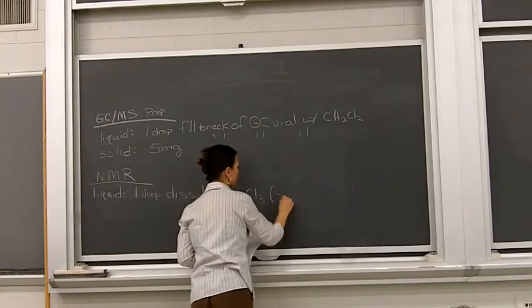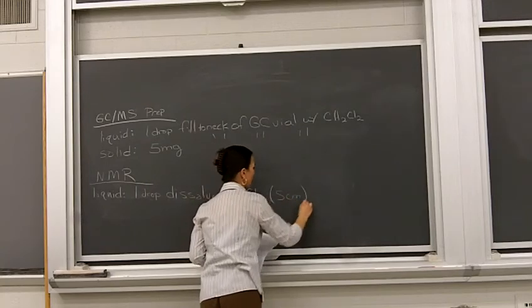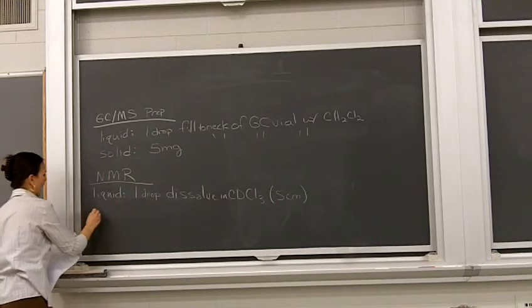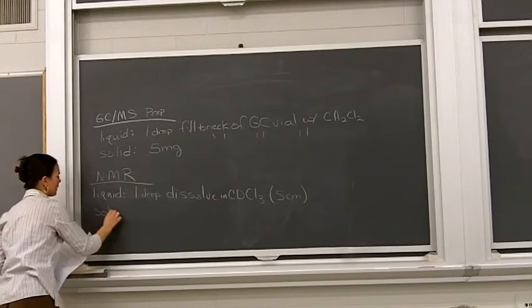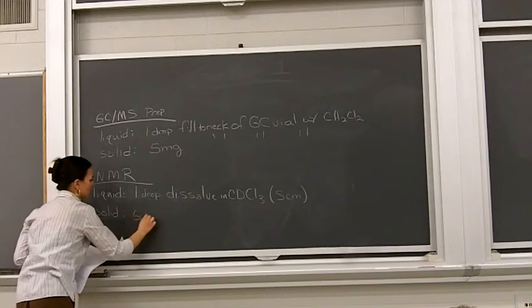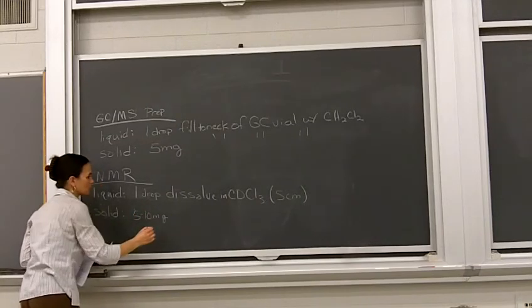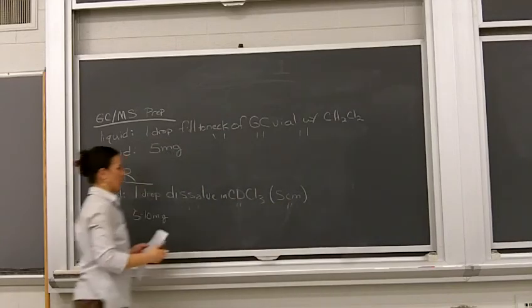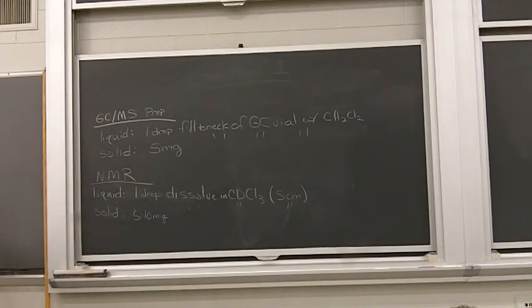And you're going to use 5 centimeters of that solvent, and we'll show you in lab how you'll know that, okay? With a solid, you're going to use 5 to 10 milligrams, and same thing, dissolving it in 5 centimeters of the NMR solvent, okay? So we'll show you this prep in lab, and it'll make more sense to you.